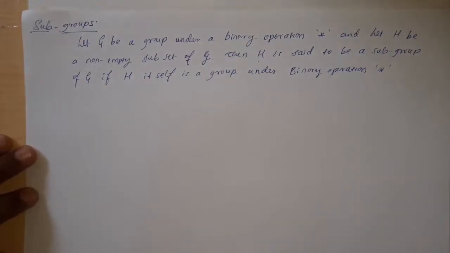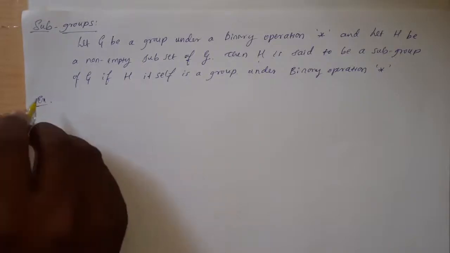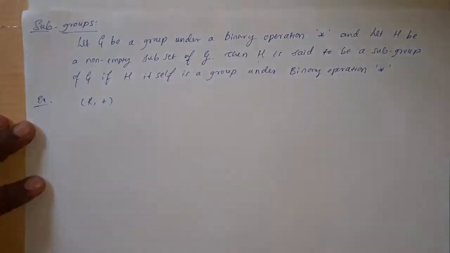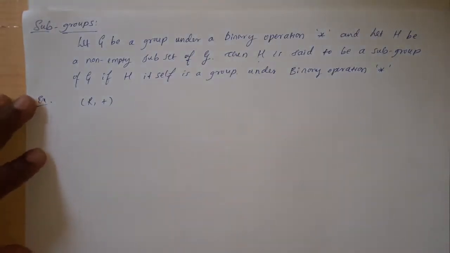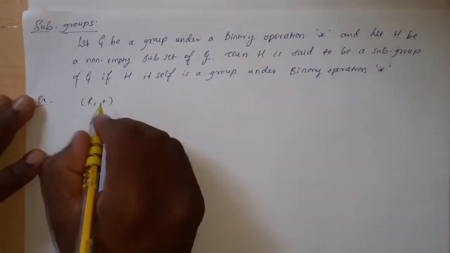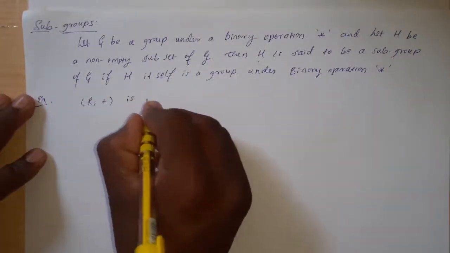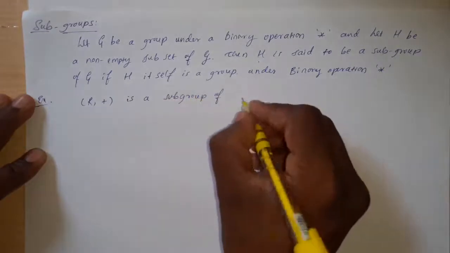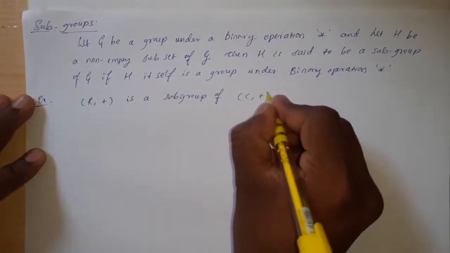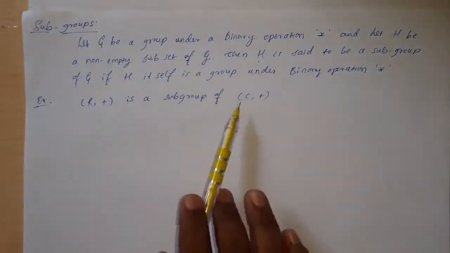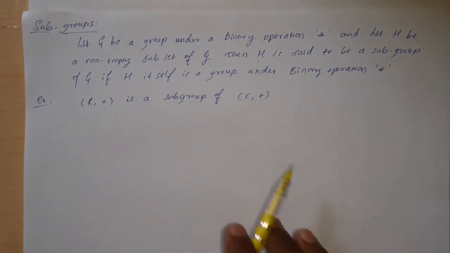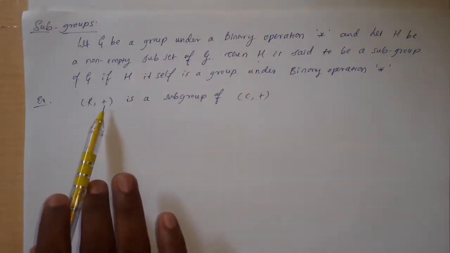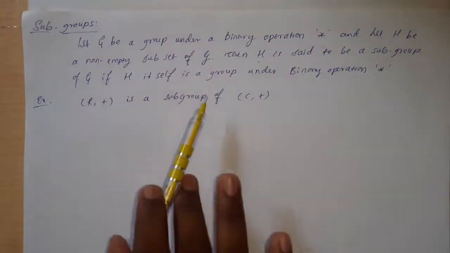Examples. So, here the set of real numbers under the binary operation addition is a subgroup of C plus. So, here C is the set of complex numbers and the binary operation is addition.